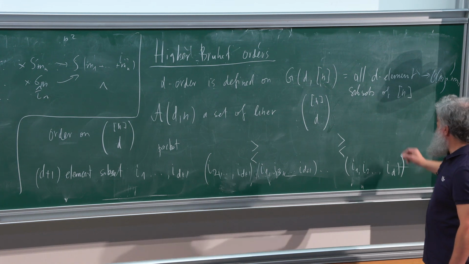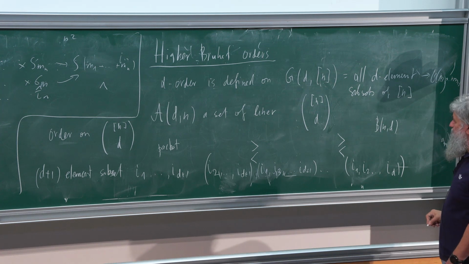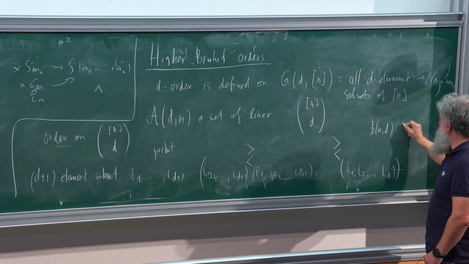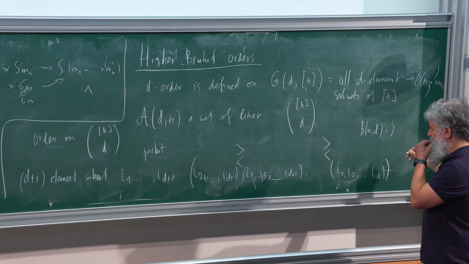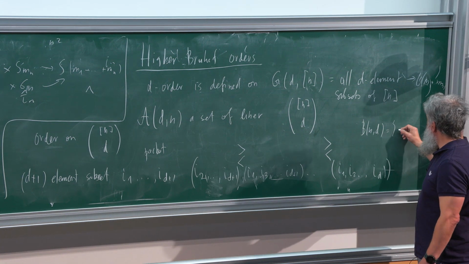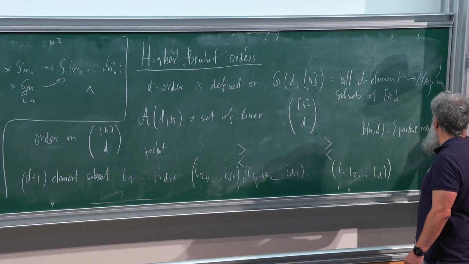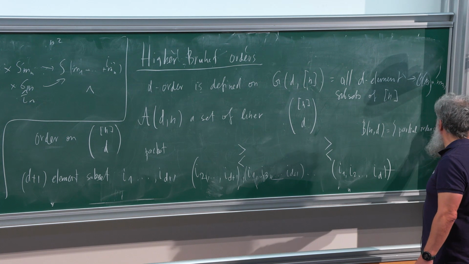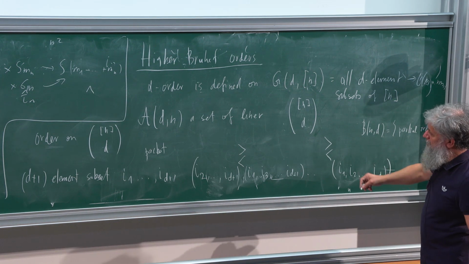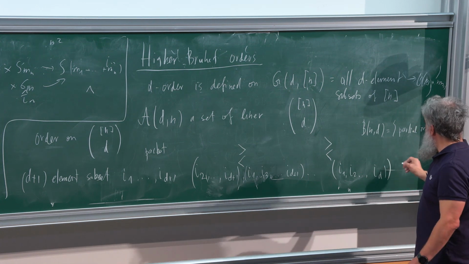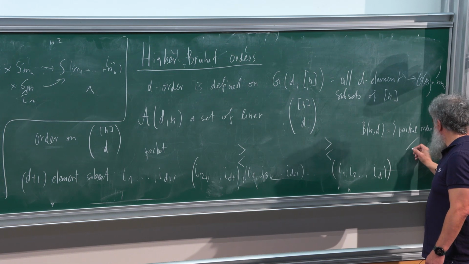Then B n d is the set of refinements of this. We consider partial orders obtained from such linear orders by quotienting by an equivalence relation.